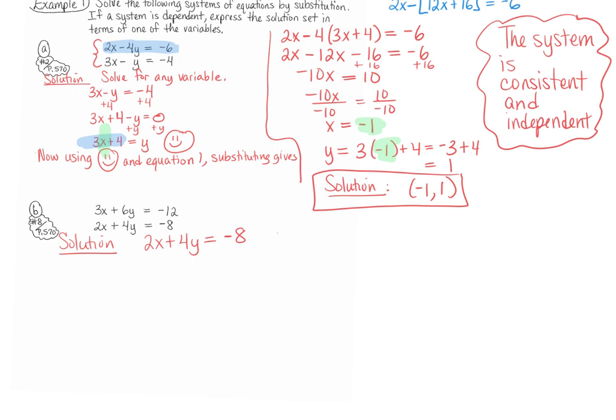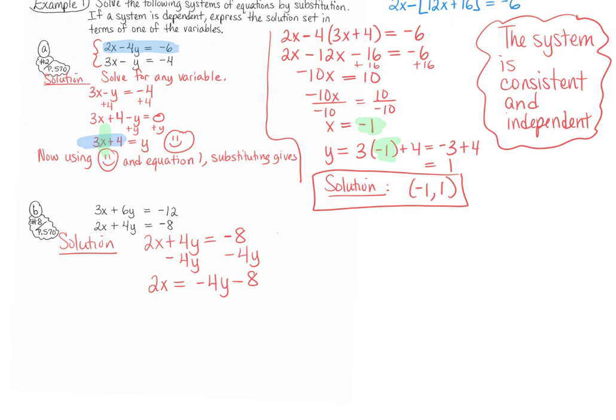So we have to do what to both sides? Subtract 4y. You got it. Subtract 4y from both sides. So that gives us 2x equals -4y minus 8.